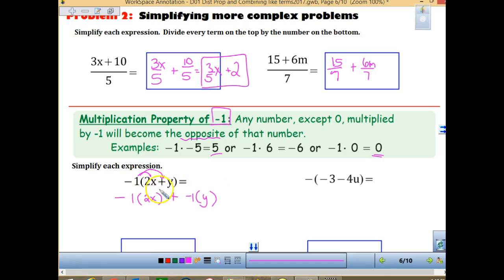And if I think about that, the opposite of 2x is? Negative 2x. Keep writing, Katie. And the opposite of y is? It's going to be a negative y or -1y.